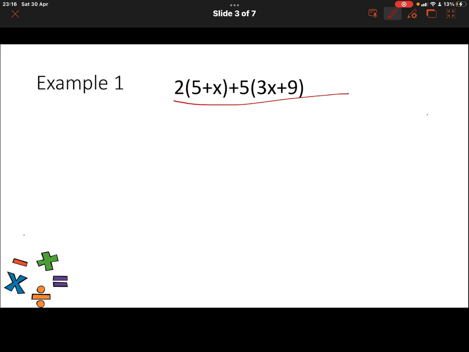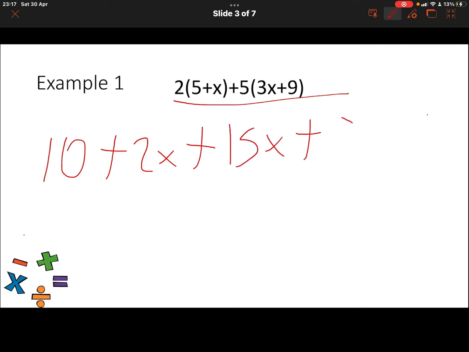So 2 times 5 equals 10, plus 2 times x, which equals 2x, plus 5 times 3x, which equals 15x, plus 9. Now, it's not asked us to simplify this, but if we would have to, I can tell you more on how to do this.